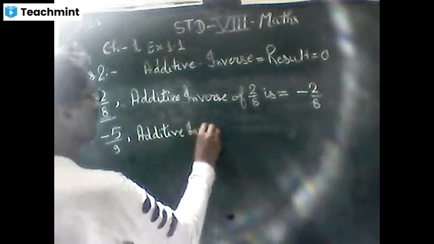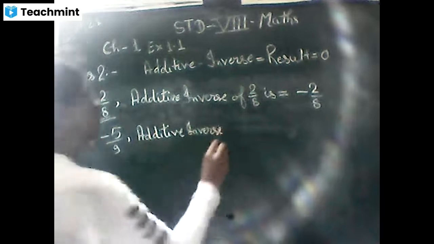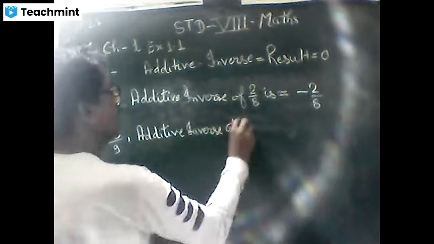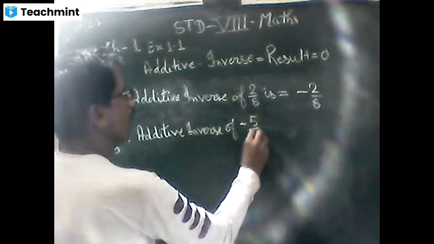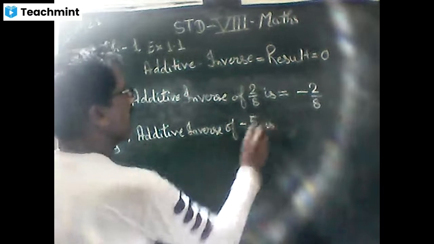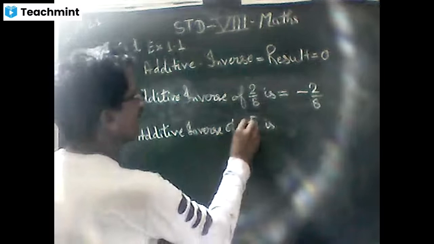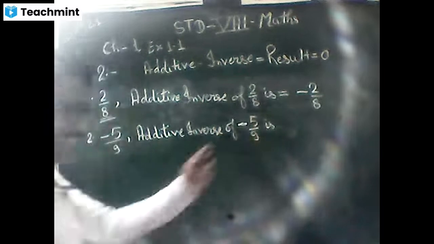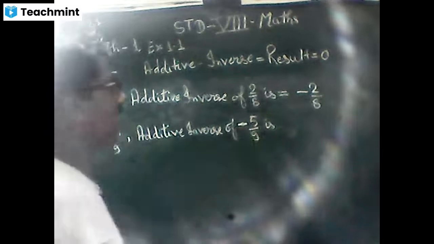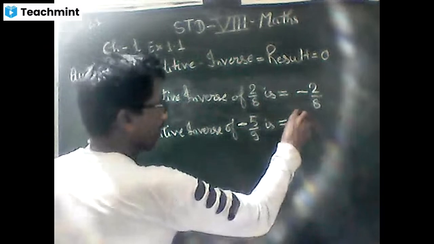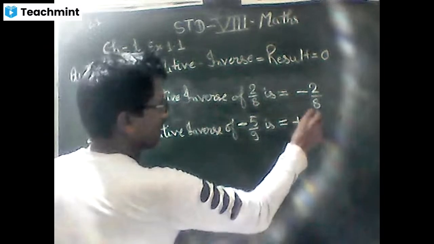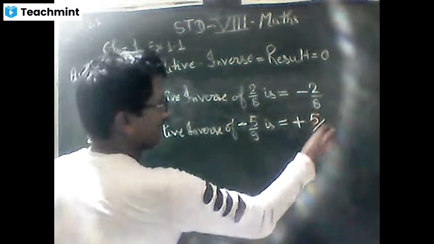Negative 5 by 9 is a negative value, so its additive inverse is positive 5 by 9.